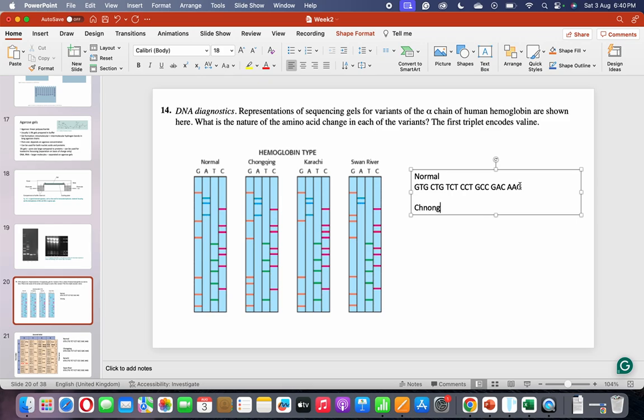This one, Chong Queen, whatever this is. GTG. This is CGG. Here immediately you can see a difference between these two gels. So this was CTG, this becomes CGG. So immediately this is where some mutation has taken place in this variant.